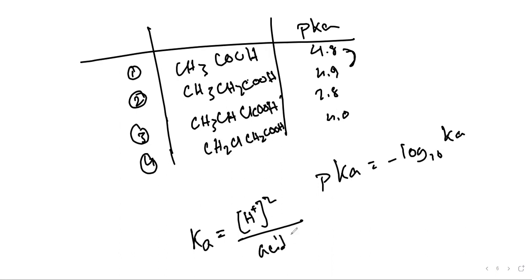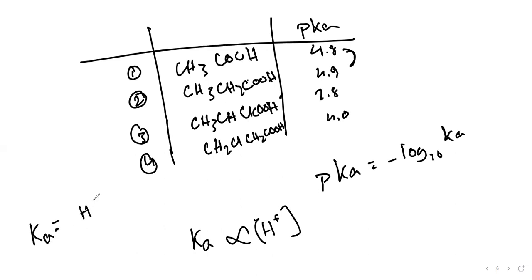So we can say Ka is directly proportional to H+, the concentration of H+. Consider the equation: H+ was in the numerator. If the H+ value increases, the Ka value should also increase, and if it decreases, it should also decrease. So they are directly proportional.